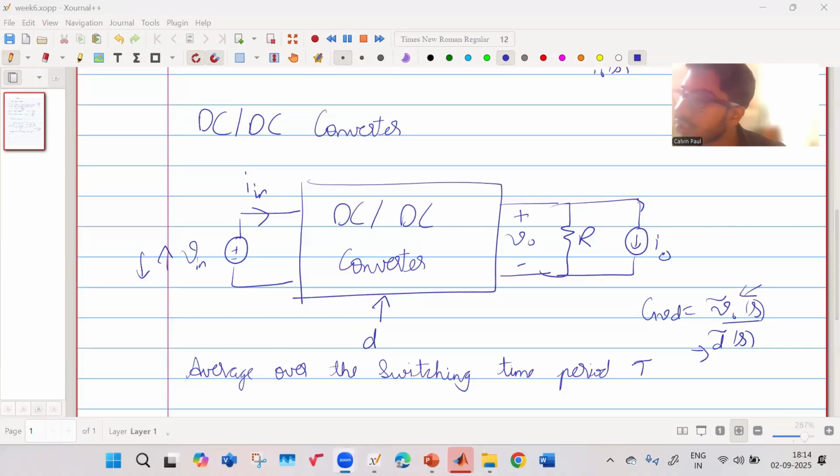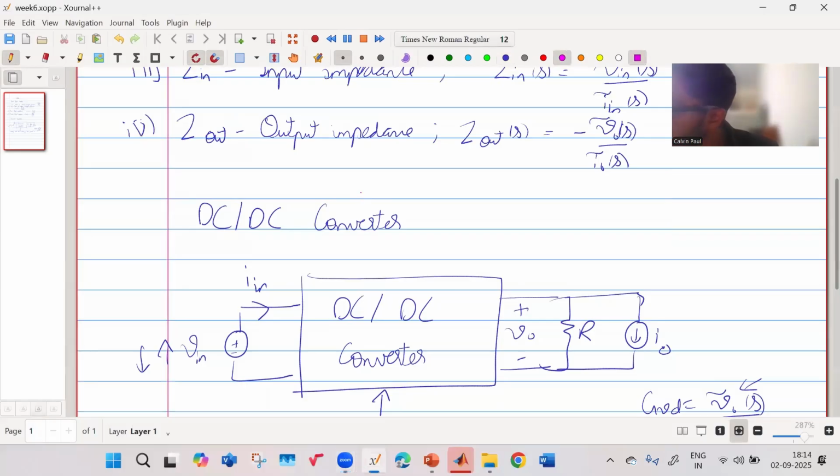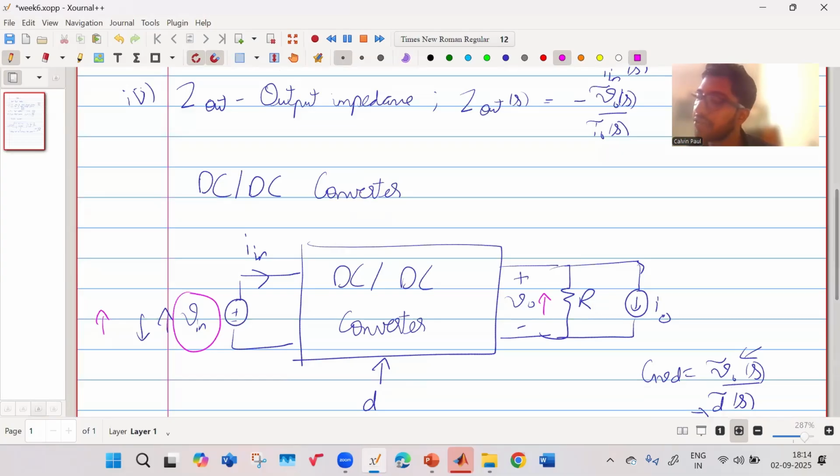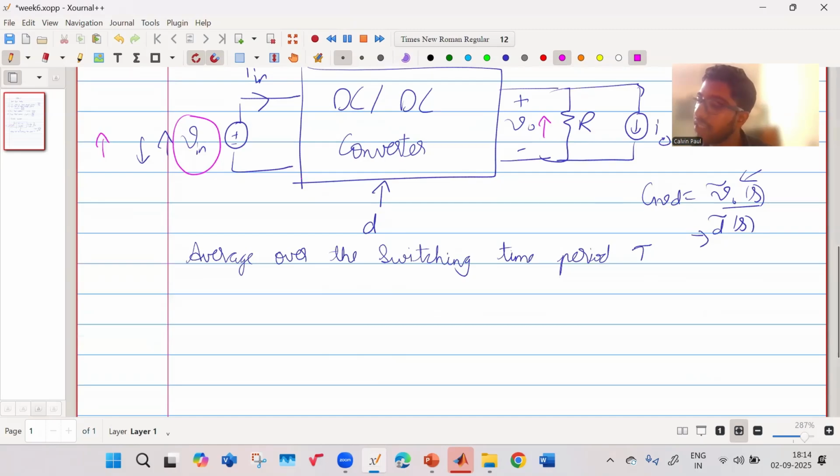Whenever your input fluctuates, your output could also fluctuate, because it depends on your input. That effect is given by GVG of s, which gives V output tilde of s divided by changes in your input voltage.